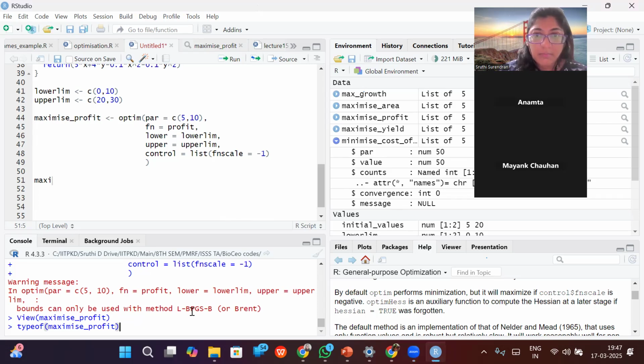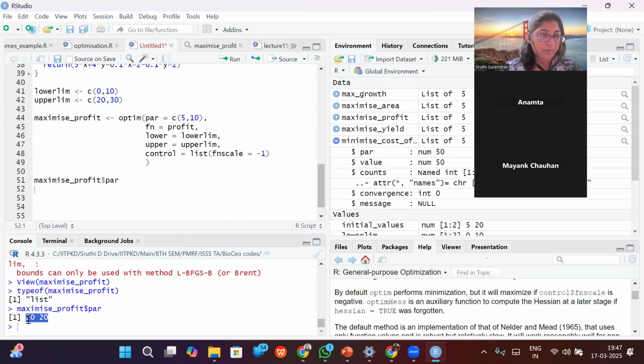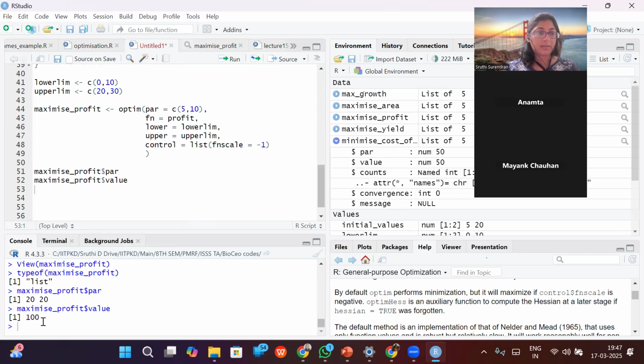So here, maximize profit is a list. So you can get the values of the parameters; you run, you will get the value of this one. And then maximize profit, dollar sign. If you want the value, you get, this is the profit value that you get, and this is the value of x and y.